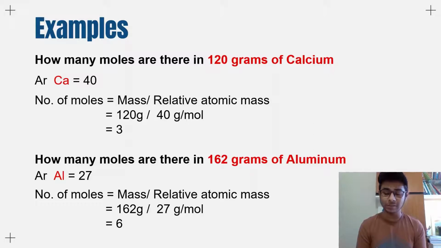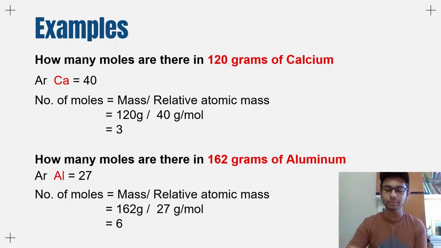The mass is already given, 162 grams, divided by 27, the relative atomic mass. So, after calculations, we get 6. So, 6 moles are there in 162 grams of aluminium. As simple as that. By inputting the formula, number of moles equals mass divided by relative atomic mass, we can easily find out the number of moles that are present in a certain mass of an element.